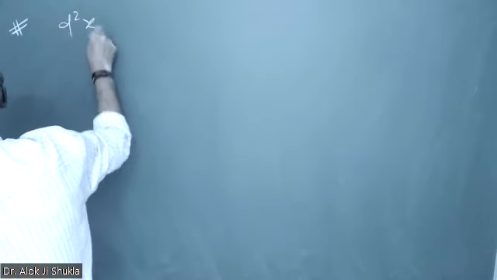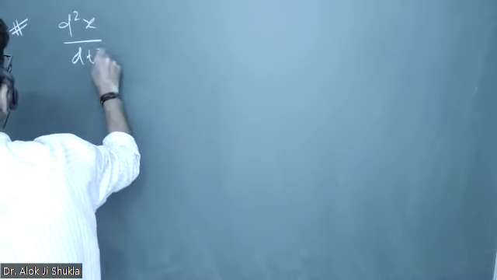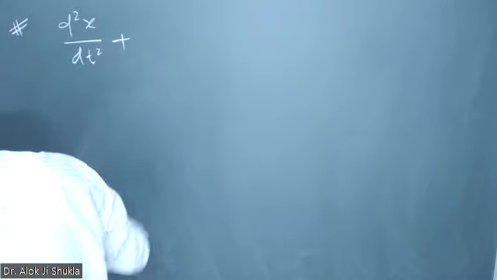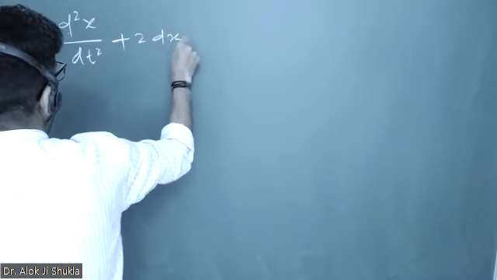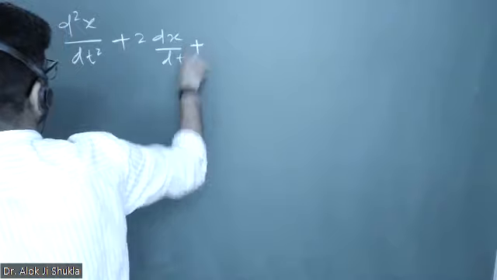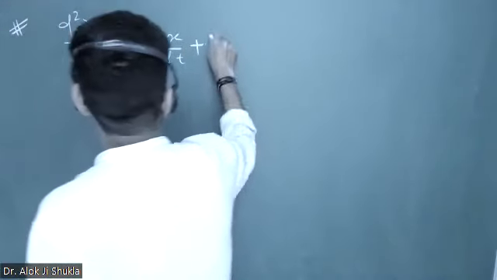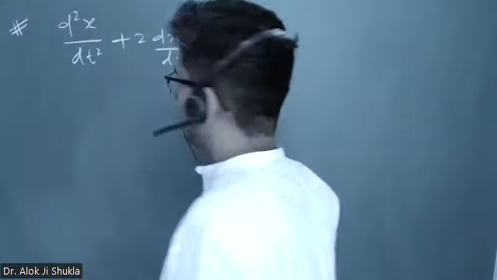There is another equation which is a very simple question actually. d2x by dt2 plus 2 dx by dt plus x is equal to 0.